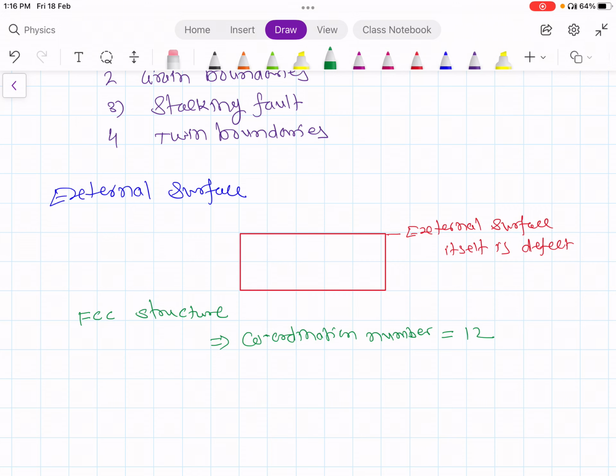That means every atom is forming 12 bonds. It means coordination number is 12. It means every atom is forming 12 bonds with neighboring atoms.